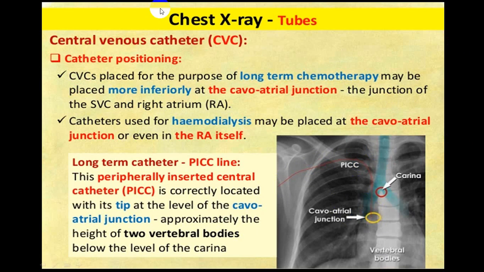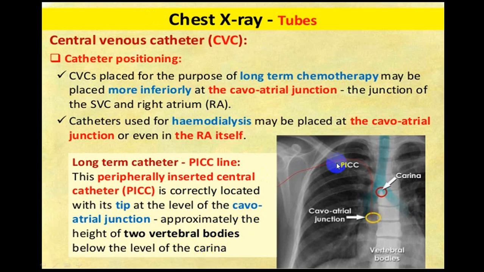So this is what we call a peripherally inserted central catheter, PICC. This is usually given when a person has to receive IV materials for a very long period, such as total parenteral nutrition, TPN. If you want to keep that line for a very long period, then usually a peripherally inserted central catheter is introduced, and it is at the level of the cavo-atrial junction.